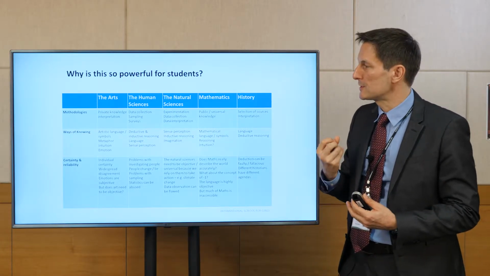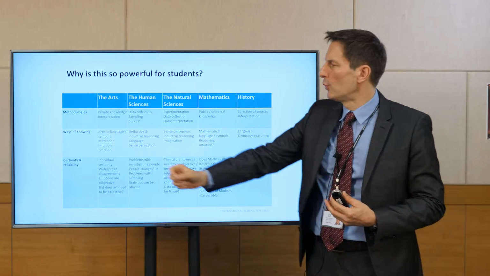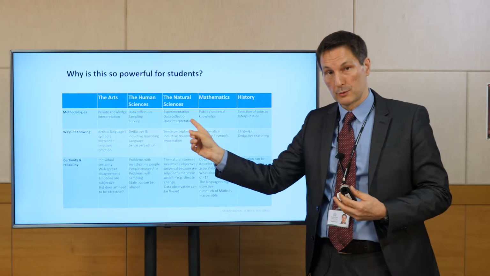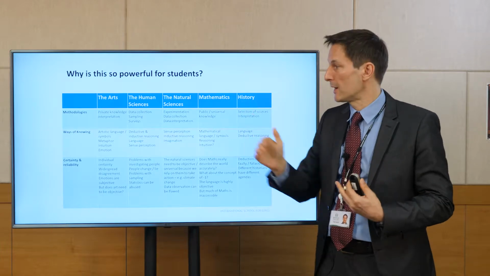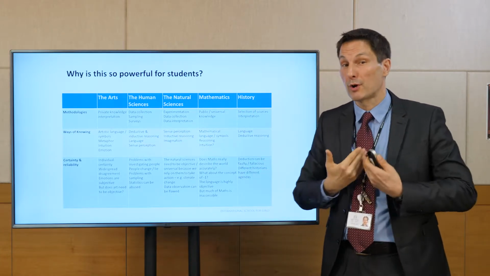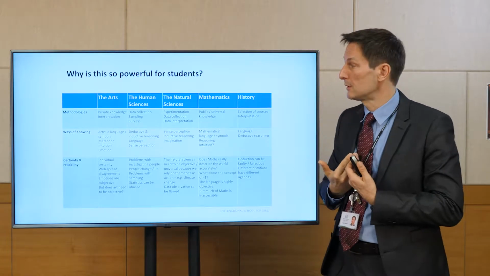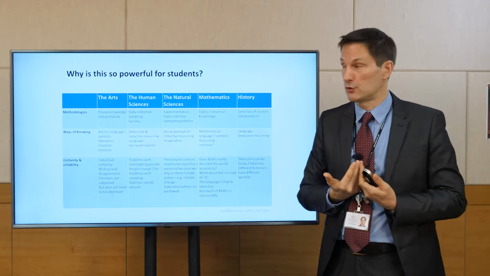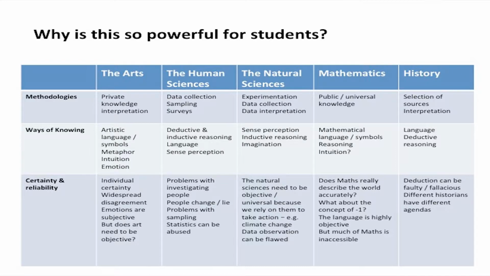Because what they're starting to think about is, first of all, what are the different methods that we use to attain knowledge in different areas of knowledge? So with the arts, we can talk about knowledge being private, subjective, internal. It's open to interpretation. But also, interestingly, when you get to the natural sciences, you realize there's also some interpretation of data going on there too.